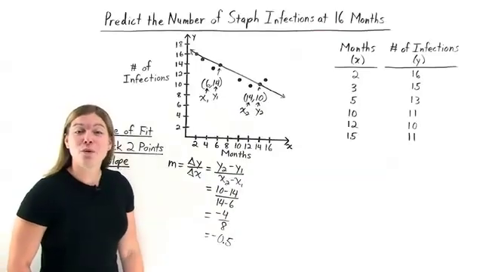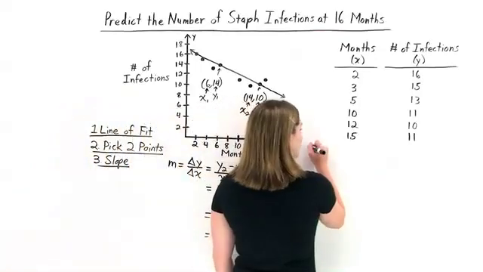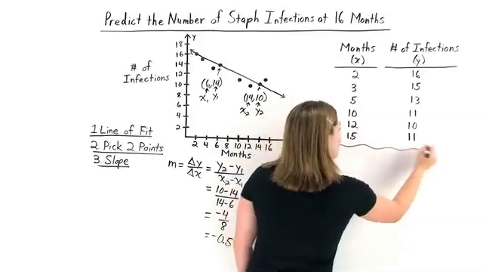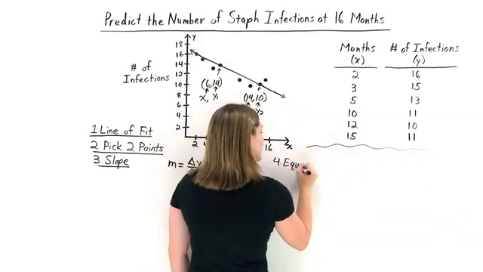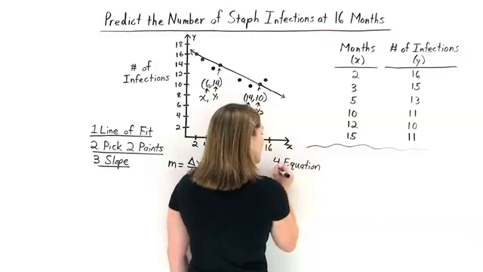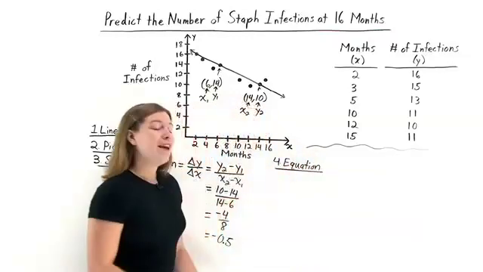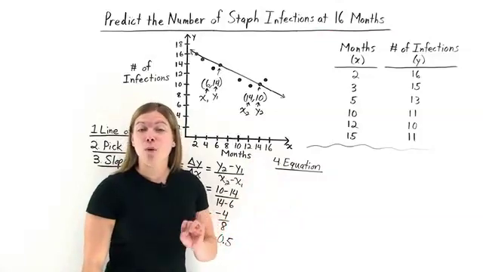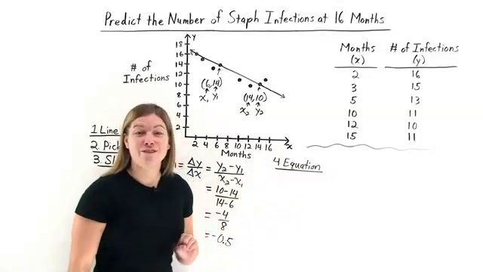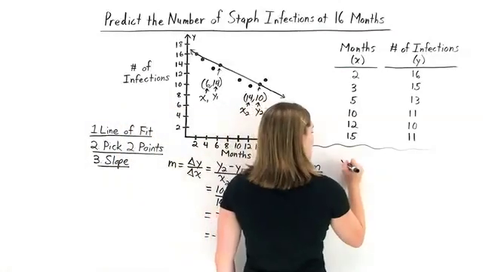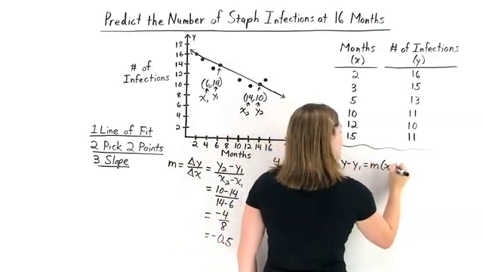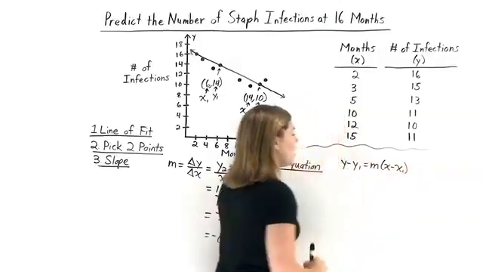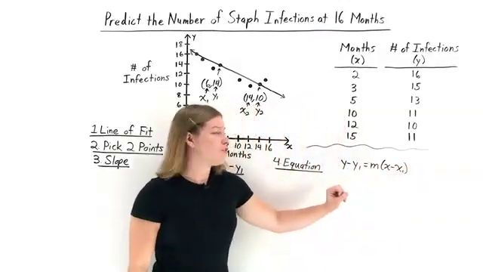Now we need to make an equation for our line of fit in slope-intercept form. Well, we can do this a number of different ways. But here, let's actually write an equation for our line of fit in a different form. Let's start by writing an equation in point-slope form. Then we can convert it to slope-intercept form. Point-slope form is y minus y sub 1 equals m times x minus x sub 1. Here, m is the slope that we just found.